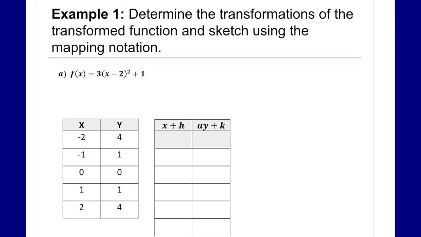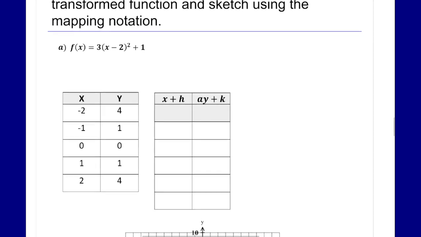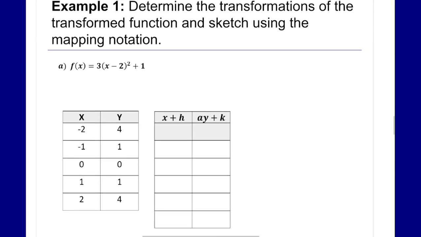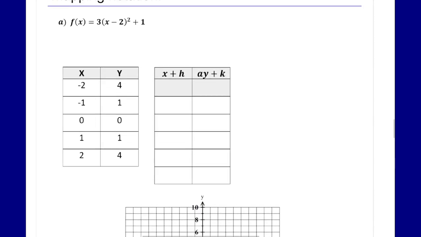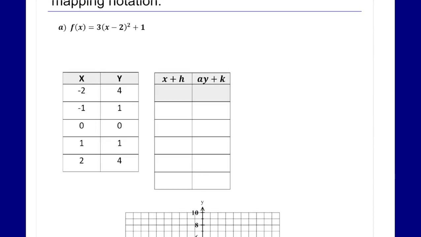Here we have a function f of x equals 3(x minus 2) squared plus 1. I want to sketch the transformed function using mapping notation. So I'm going to need to use my key points and transform them and then graph them. The first thing I can do is, looking at my transformed function, identify my different parameters, my a, h, and k, if there are any of those.